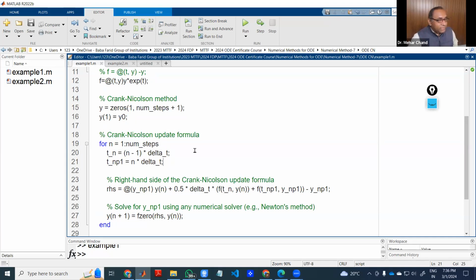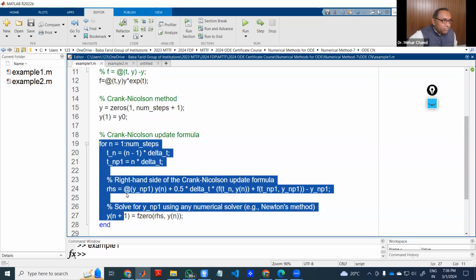Along with that, if you want, you can convert this approach into a user-defined function, a user-defined method function for the numerical approach. But once you are able to apply this for loop to get all the values, only this part is important in every method.